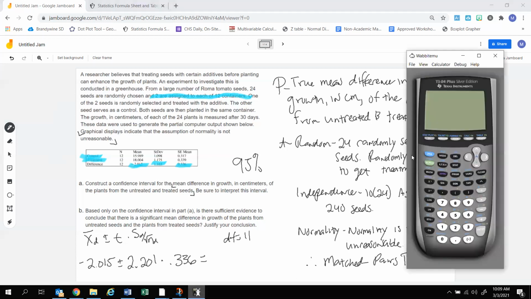I'm going to go ahead and run this on our calculator. We can just do a t interval here. If you don't want to actually go through crunching all this, you could if you wanted to. This is just a t interval. We have statistics: negative 2.015, our standard deviation 1.163, sample size is 12, confidence level is 0.95.